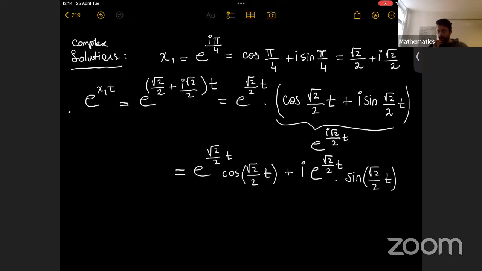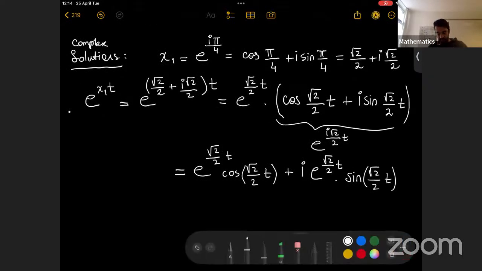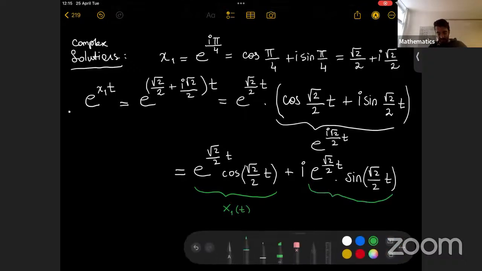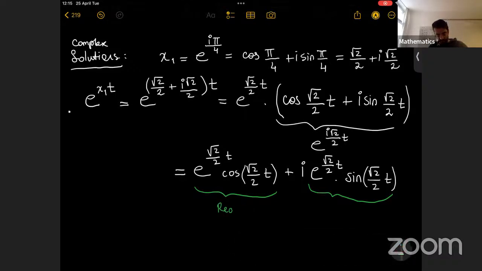Okay, well, this is the real part. Let's call it x1(t). And this is the imaginary part. Real part and imaginary part.